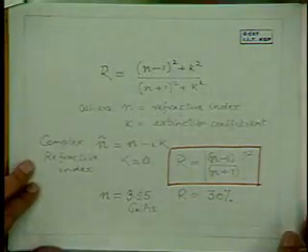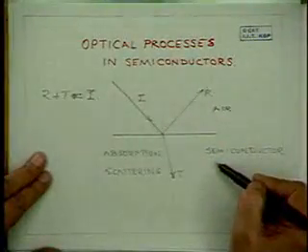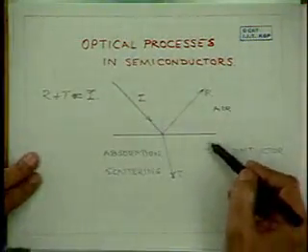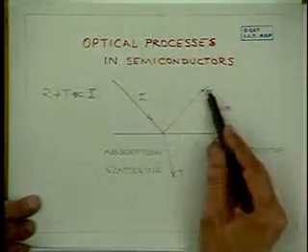So we find that when light is incident from air going into a semiconductor, only about 30% of the light is directly reflected.